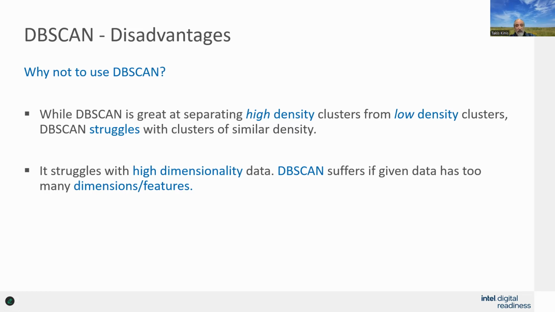One or a couple of reasons not to perhaps use this. It's good at separating high density from low density clusters, but when the clusters are kind of the same density, like if all the data is equally spaced, then it doesn't know what to do, politely. It's less clear on how to organize the information.